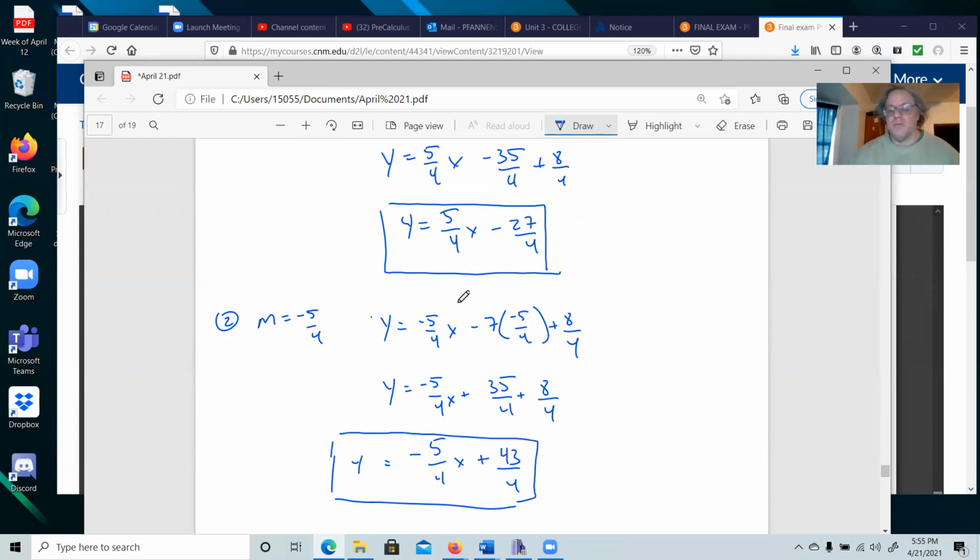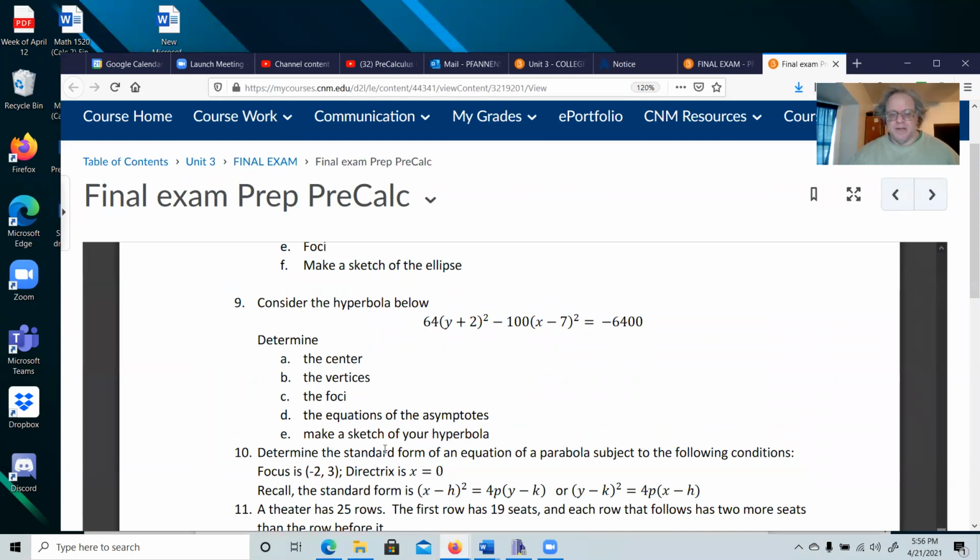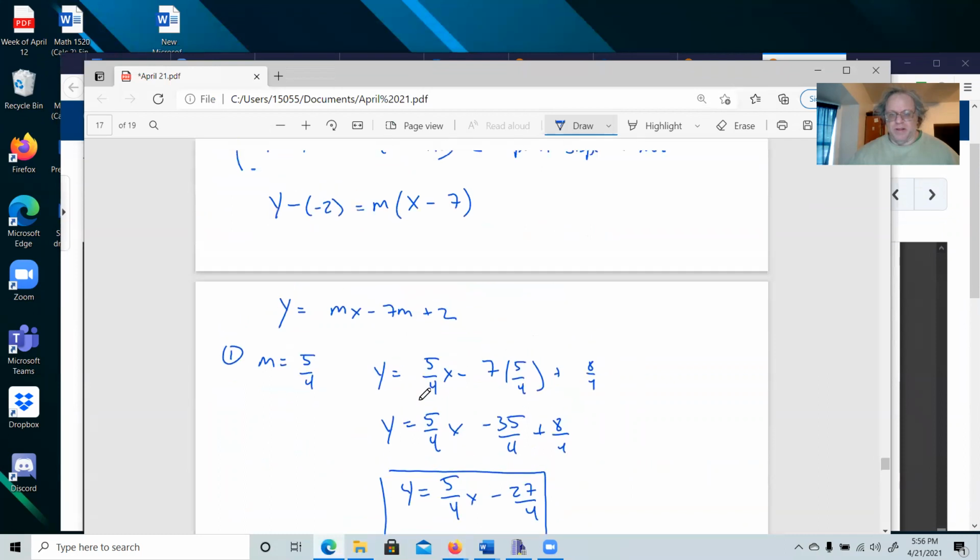Okay, so that's how you deal with the asymptotes. I think the one on your final exam is not quite so involved. You still have to know how to do this, but I tried to make the arithmetic easier because this problem's already long. And I think the last thing we had to do here was graph it, and I think we've already done that.